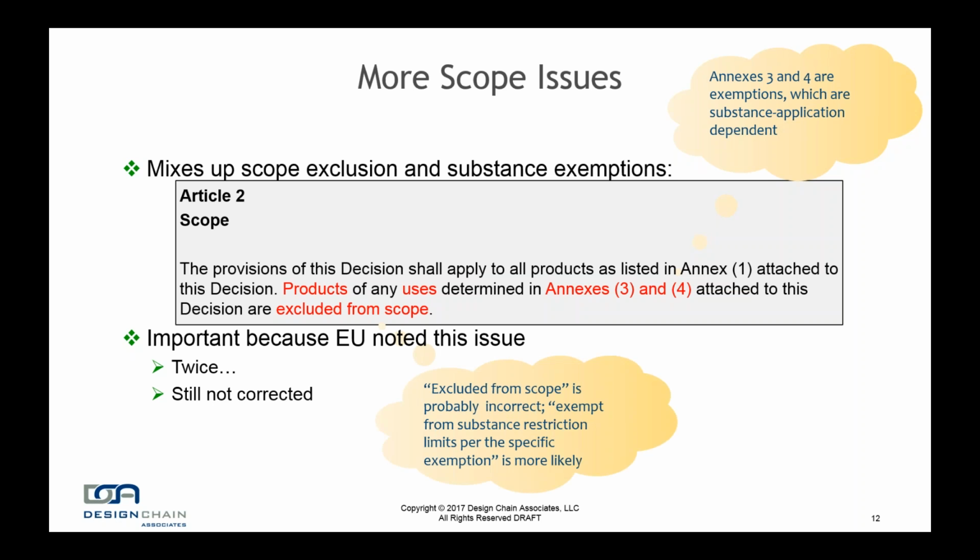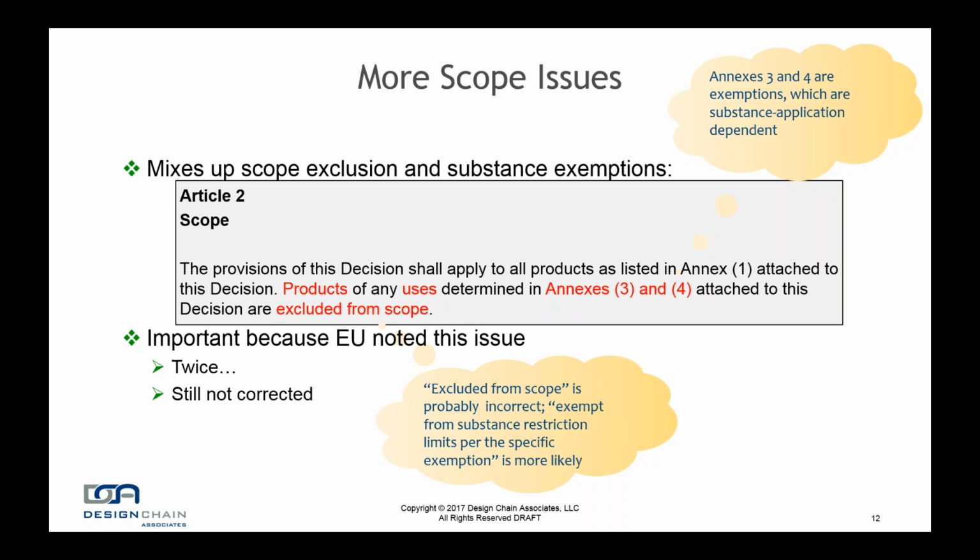However, and again, this language is very similar to the language in the draft. So I don't think this is a translation artifact. The problem with this statement is that nearly all products, nearly all EEE, uses one or more exemptions.